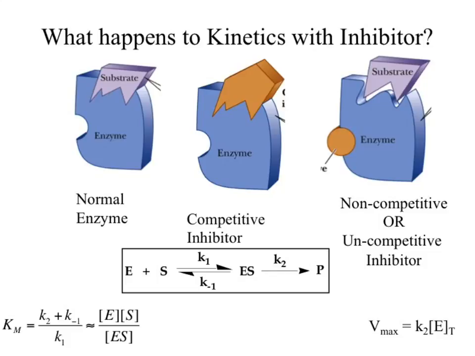So what happens to Vmax? It should stay exactly the same, because the inhibitor's concentration relative to the substrate is nil. So under competitive inhibition there is effectively no inhibitor at high substrate concentrations, which means Vmax for competitive inhibition should never change.